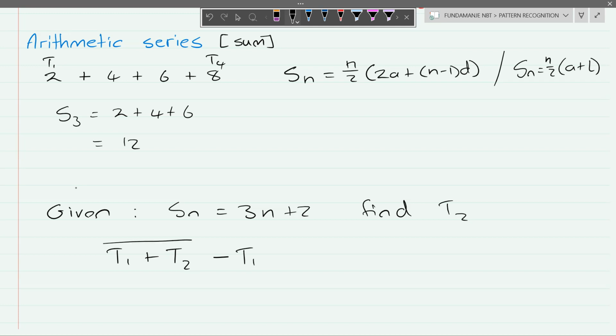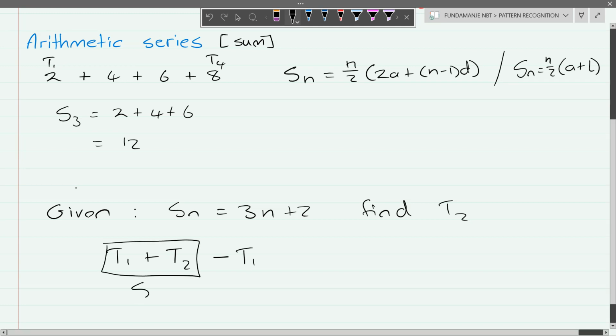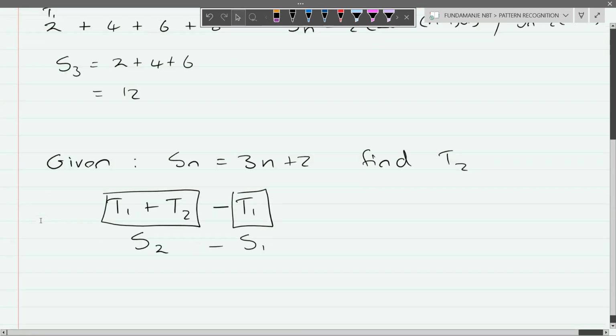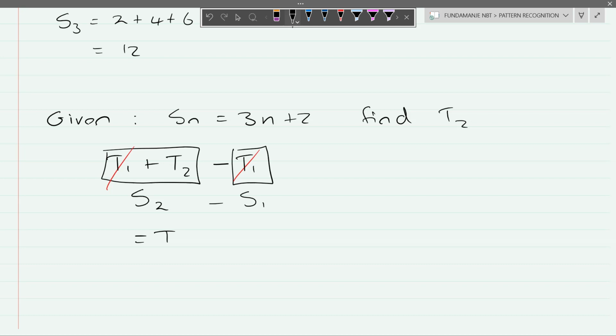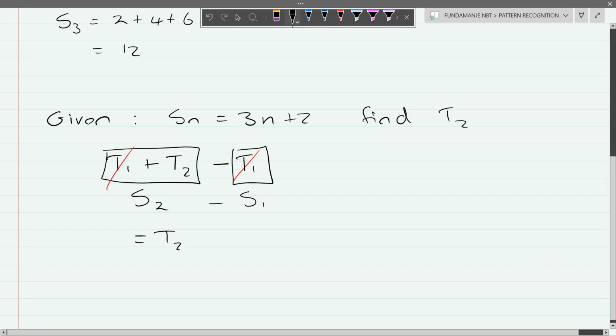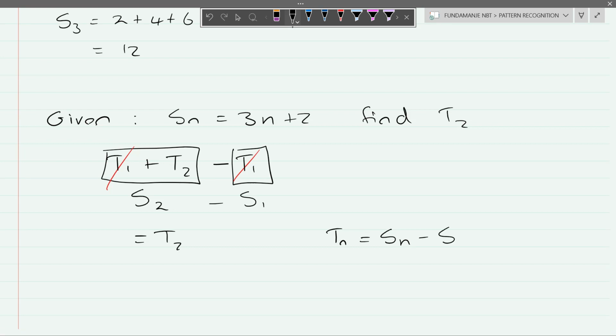So if we take this, which represents the sum of the first two numbers, and we subtract that, which represents the sum of the first number, then T1 will be cancelled by T1, and the result of this would be term number 2. So from this we can derive another formula which states that term number n is equal to the sum of those n numbers minus the sum of n minus 1 numbers.